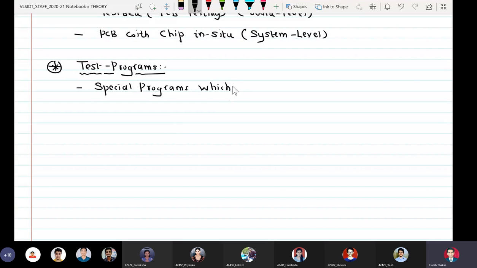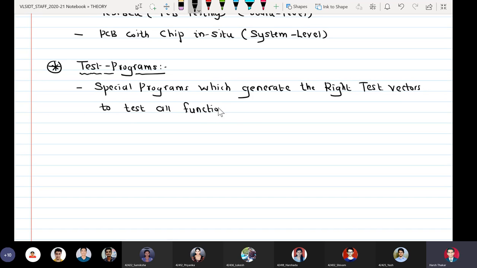So special programs which generate the right test vectors to test all functional paths in the design.